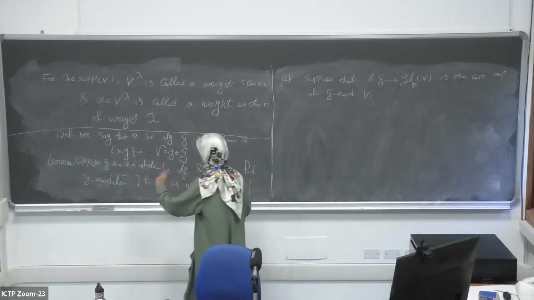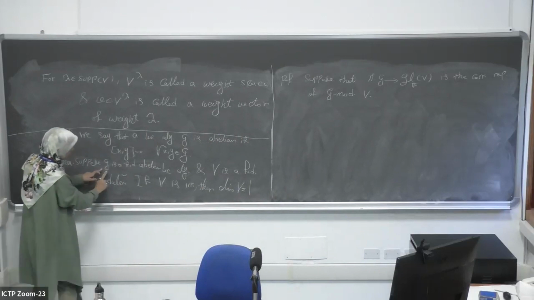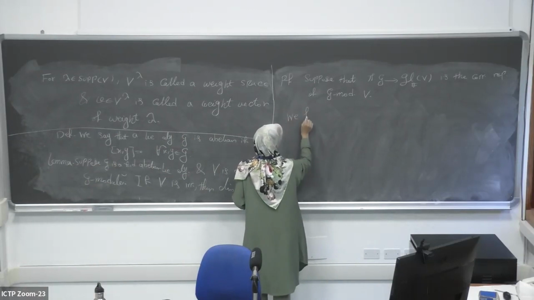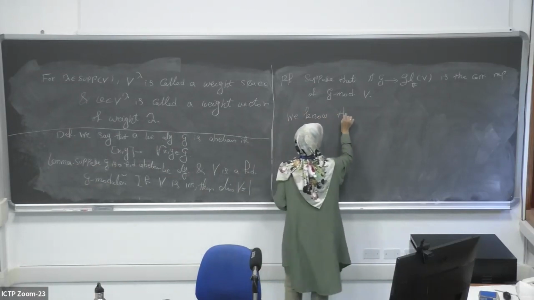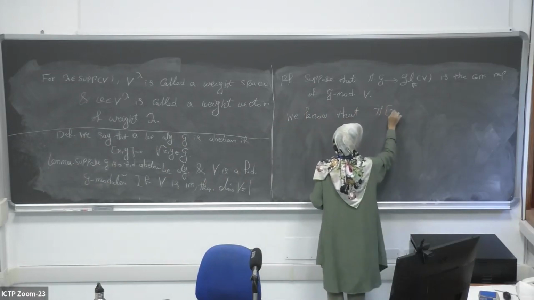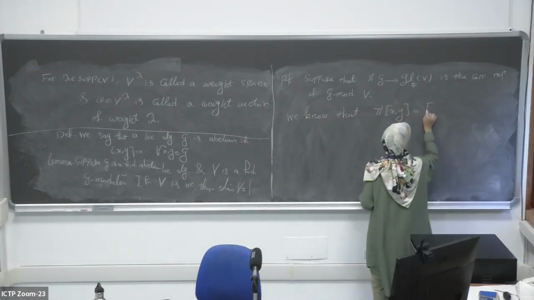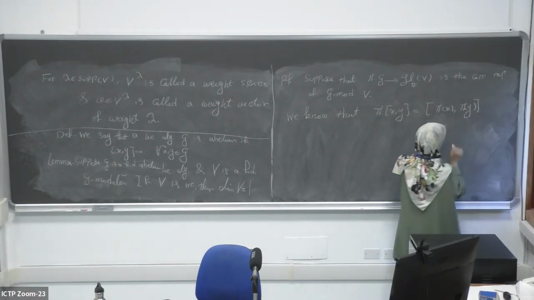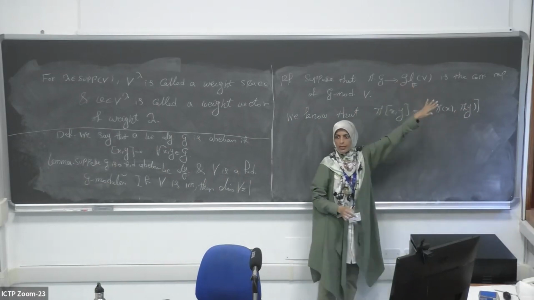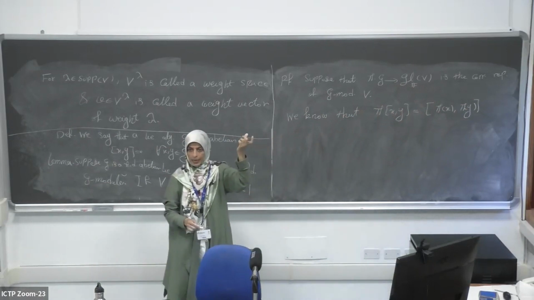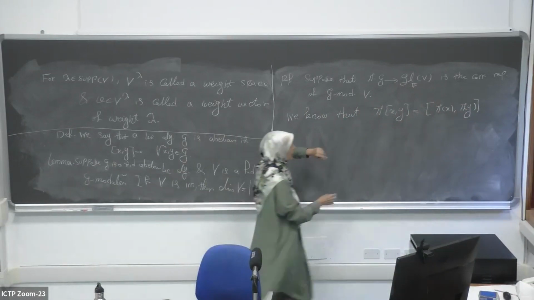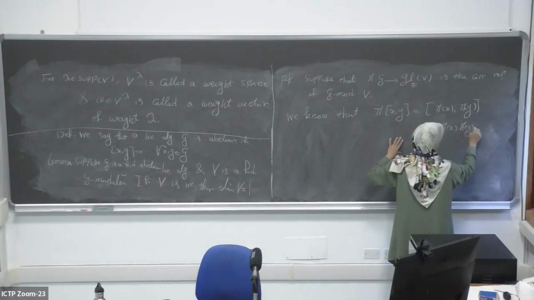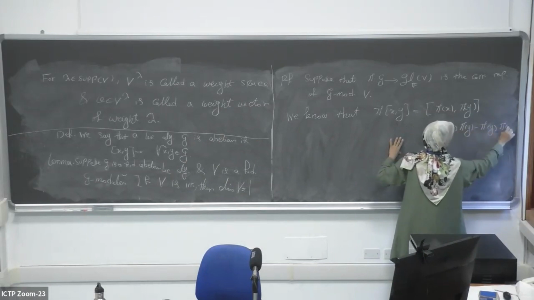And let's look at the property that follows from the fact that G is abelian. We know that pi of [x, y] is the bracket of pi x, pi y. And again, I remind you that in GL(V), we have a particular bracket. The bracket is just the commutator. In fact, it is pi x pi y minus pi y pi x.